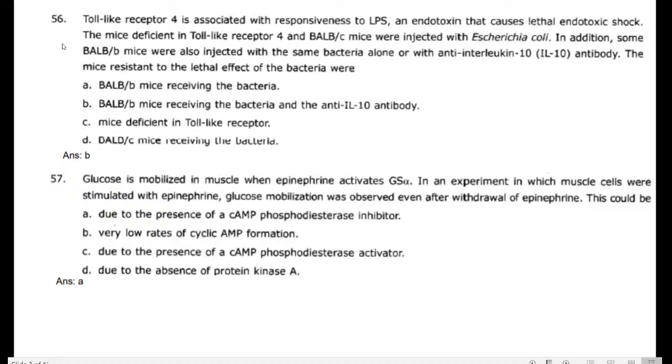The question has data on mice deficient in TLR4, toll-like receptor 4. Deficient means there is a lack of TLR4.